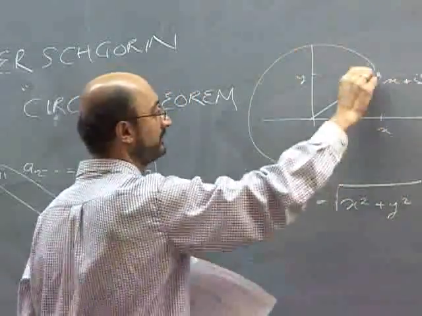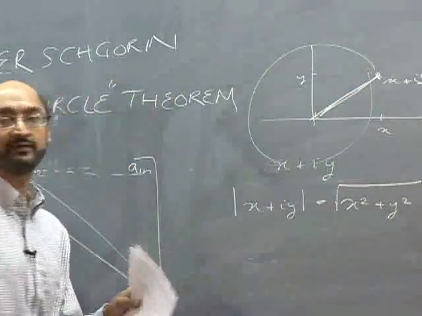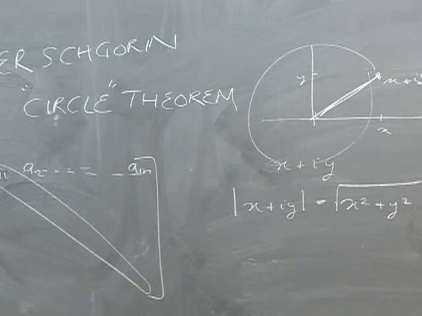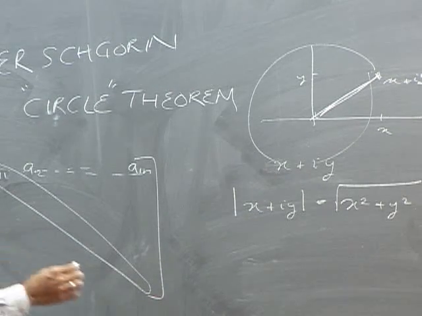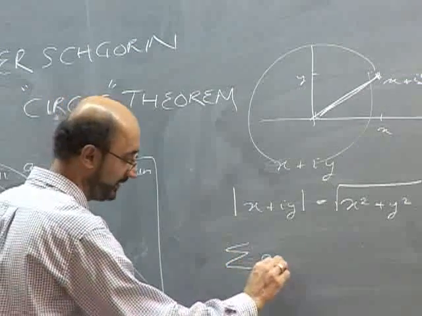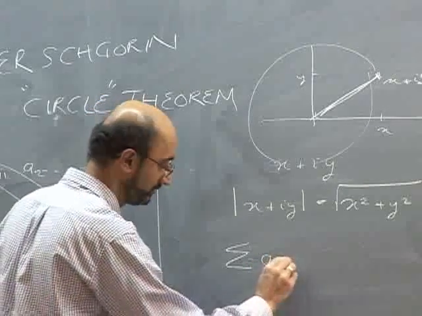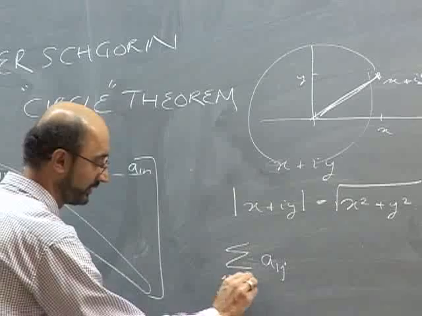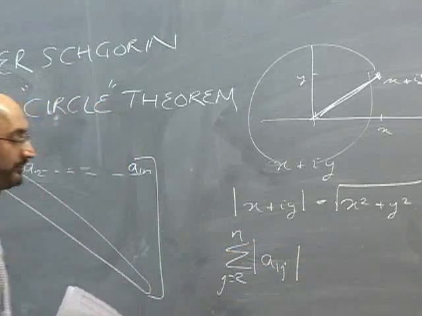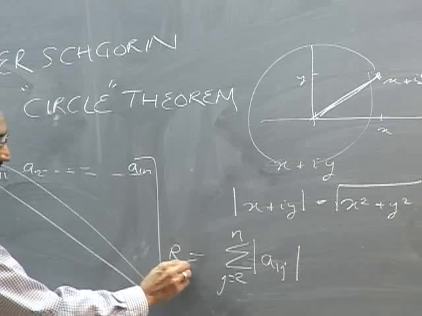And this distance from the origin is the magnitude. So we take the sum of the magnitudes of A1j, j equals 2 to n, the magnitudes of these elements over here. Let's call that some value r.